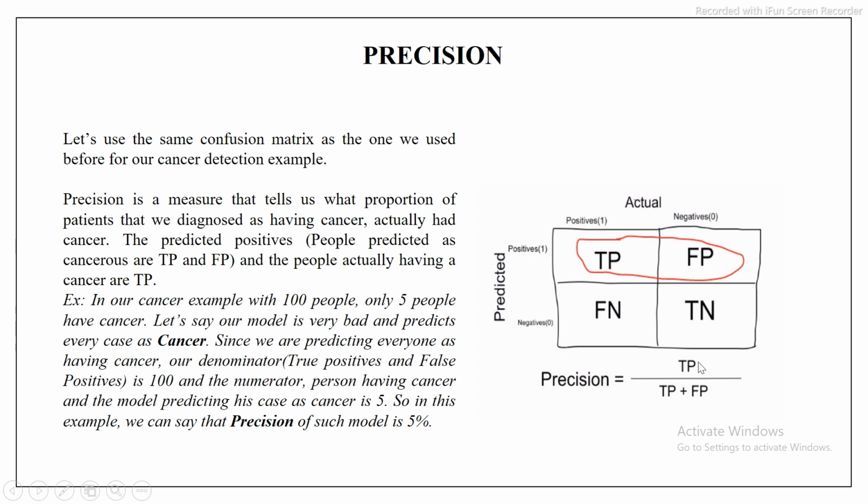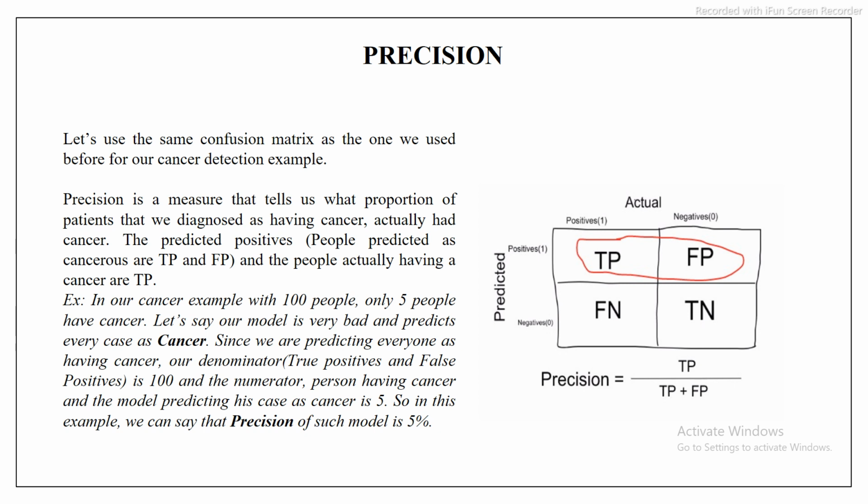We are just checking the strength of the true positive. This is called precision: a person has COVID and your model predicted COVID. It means how precise the model is in detecting whether a person has COVID or not.